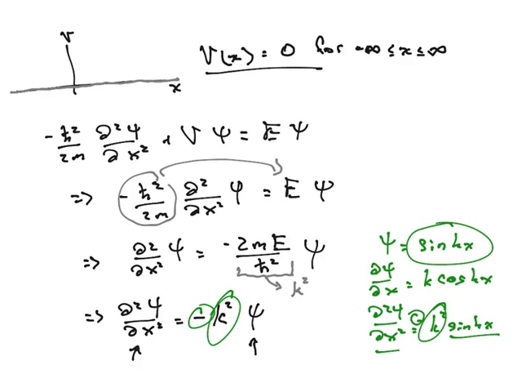Now, I'll tell you, and you'd have to verify this yourself, psi is equal to cosine kx also works. Okay? So because both of them work, this must tell me then that the solution to second derivative of psi with respect to x squared is equal to minus k squared psi is that psi is what's called a linear combination of the two answers.